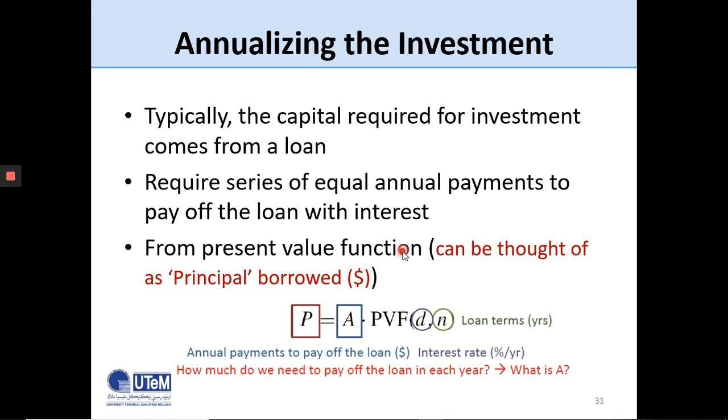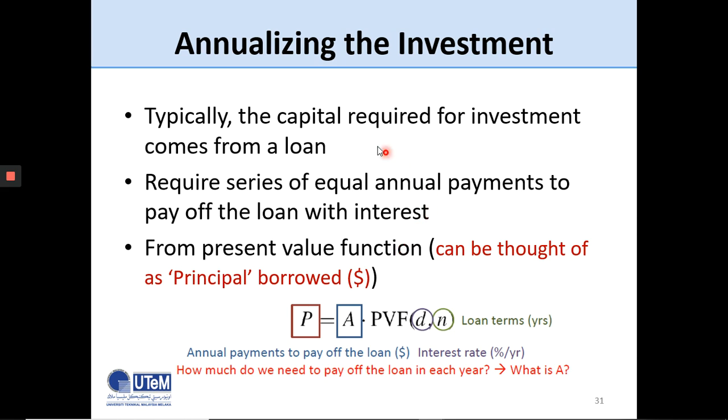When we talk about investment, usually it involves loans. And when we talk about loans, usually you need to pay back the loans either monthly or annually. So it is important for us to annualize the investment, every year.